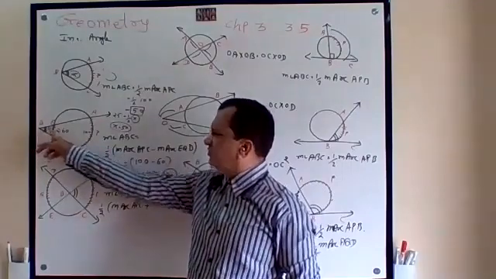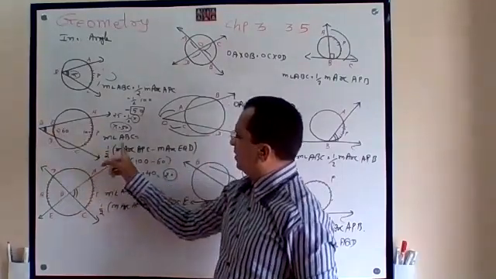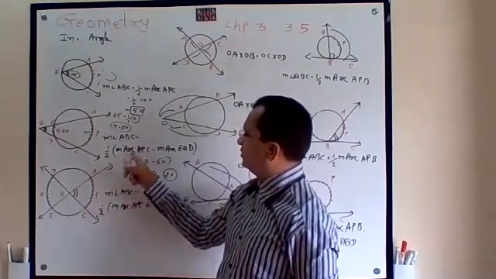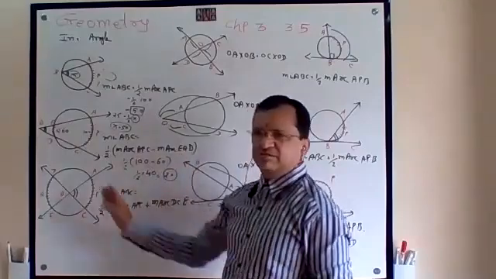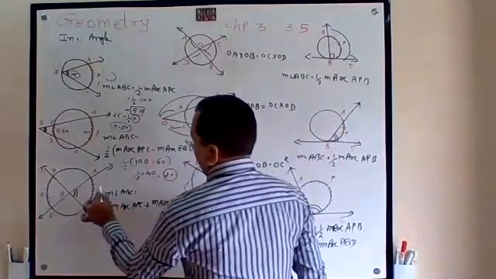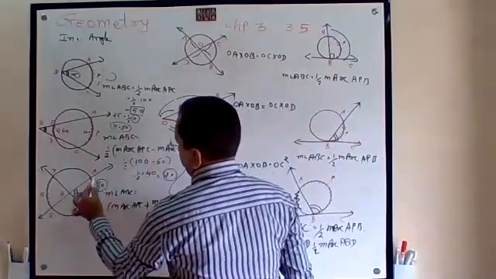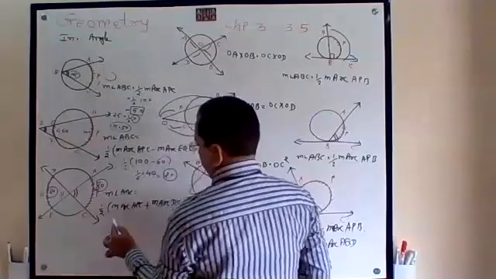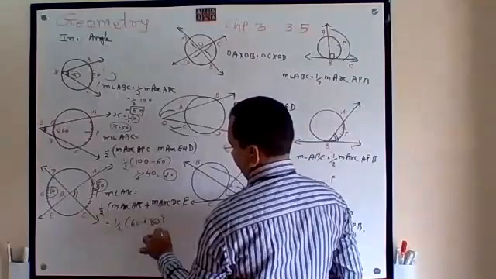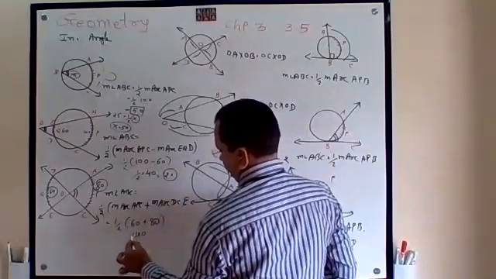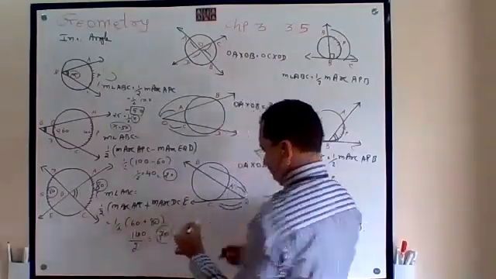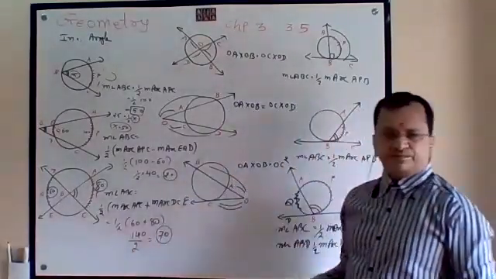Now suppose this is given 20, this is not given, and this is given 60. So 20 is equal to half of 100 minus x, then cross product. Here suppose it is given 80 and 60. So as per the formula, half of 60 plus 80.